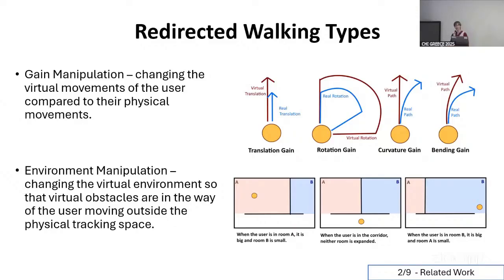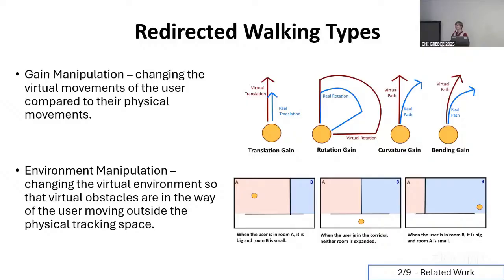Then we have the alternative technique called environment manipulation. Now, instead of changing how the user moves inside the virtual space, we're going to change the virtual space around the user. So, well, there's space here for a wall in the real space, so we'll just add a wall in the virtual space. Or there's a door here that leads to a corner. Well, we'll change where the door is when they're not looking.